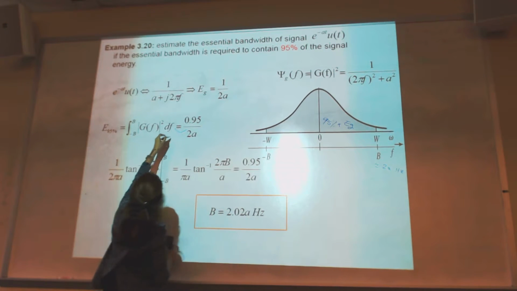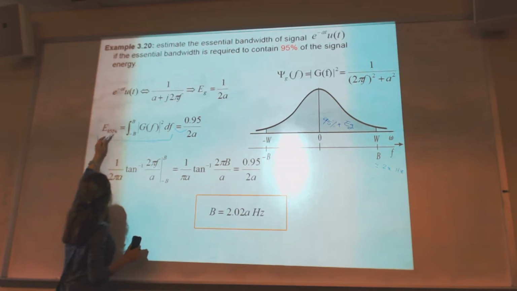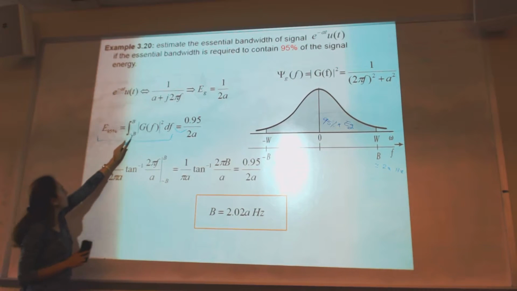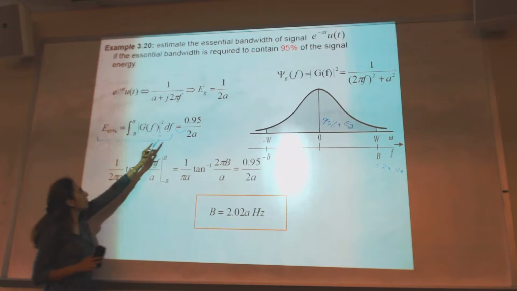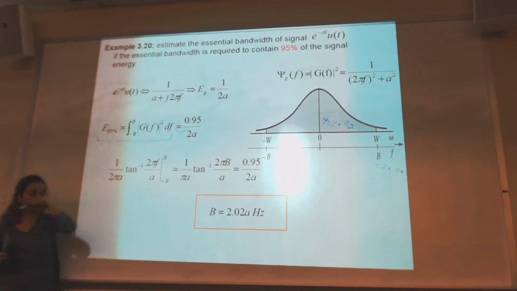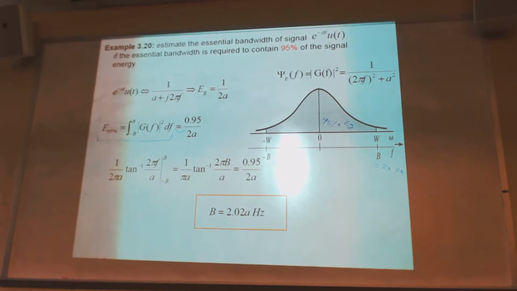This is how to find the energy from minus 2 to 2. This is the energy, and then 95% of the total energy.